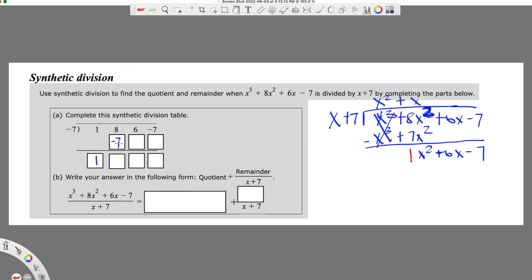And then I add straight down. 8 plus -7 is 1 again. 1 times -7 is -7. 6 plus -7 is -1 this time. -1 times -7 is +7. And -7 plus 7 is 0. This is actually what we want to see here. That 0 on the end means there is nothing left over. It divided evenly into it. There was no remainder.